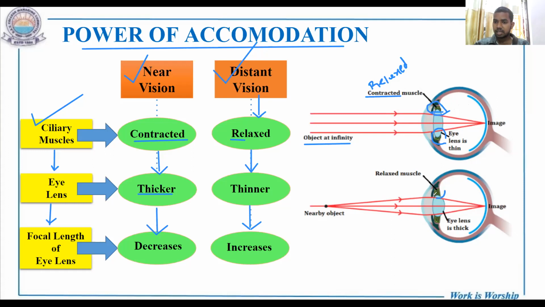And in this case, they are stressed. Stress means contracted. Here it is wrongly written, don't follow it. It is relaxed and it is contracted. So you can see the nearby object as explained in the chart. This is called the power of accommodation, by the help of the ciliary muscles.